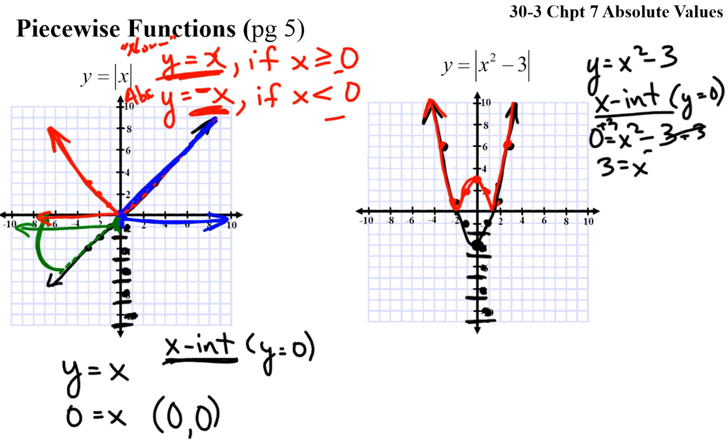We get 3 equals x squared. We want a square root to get the x by itself. So x equals root 3, but because we did the rooting, x is positive or negative root 3. And root 3 is 1 and a bit.